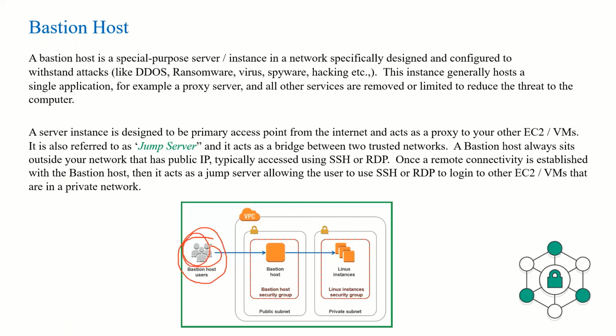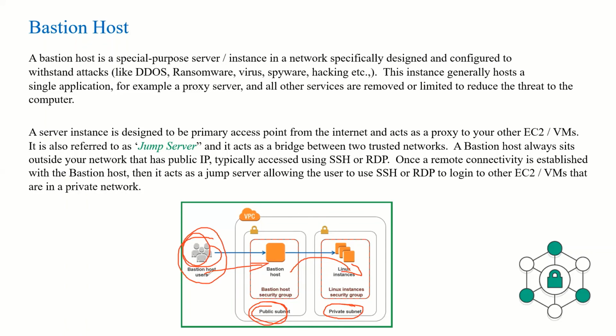We are connecting to this computer, bastion host, through the internet. This has got the public IP address. You can see the public IP address is provided. So that is how we are able to log in. And from here, we will log into our corporate network that has got only the private IP address. There is no public IP address.